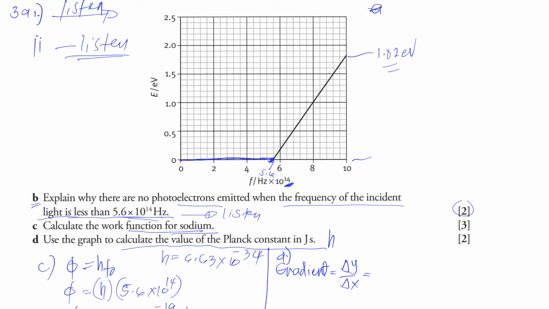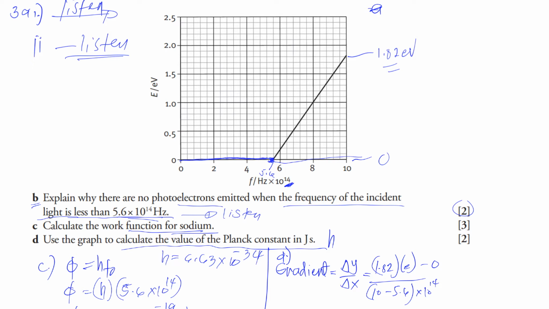So the change in y will be 1.82 times e, because it's electron volt, divided by, starting from 0, the x here is 10 minus 5.6, but this is times 10 to the 14th power.